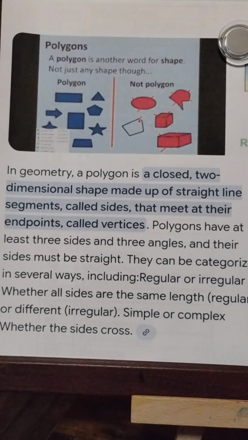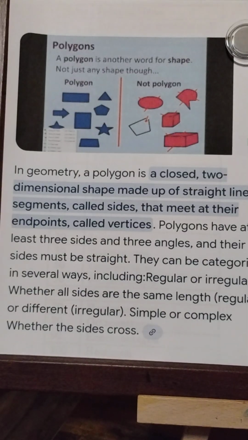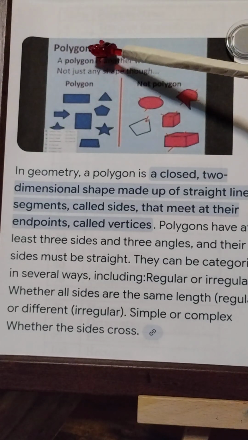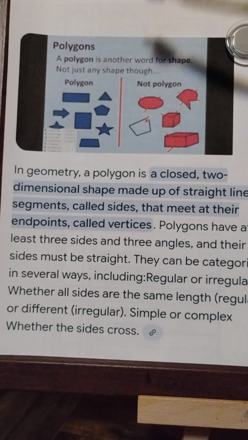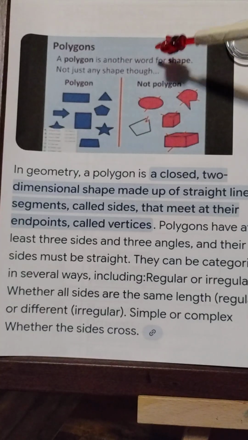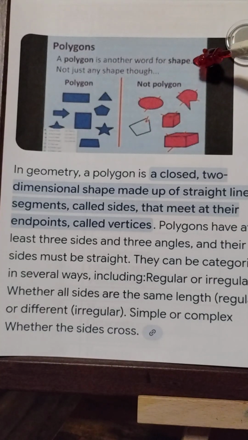So this information you can easily pull up from Google or any search engine. Okay, so it says polygon, which we're talking about right now, is another word for shape.